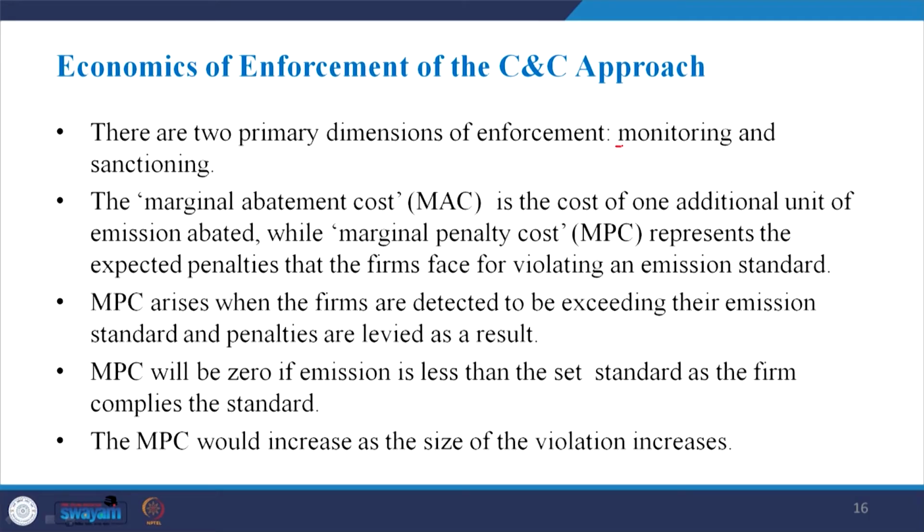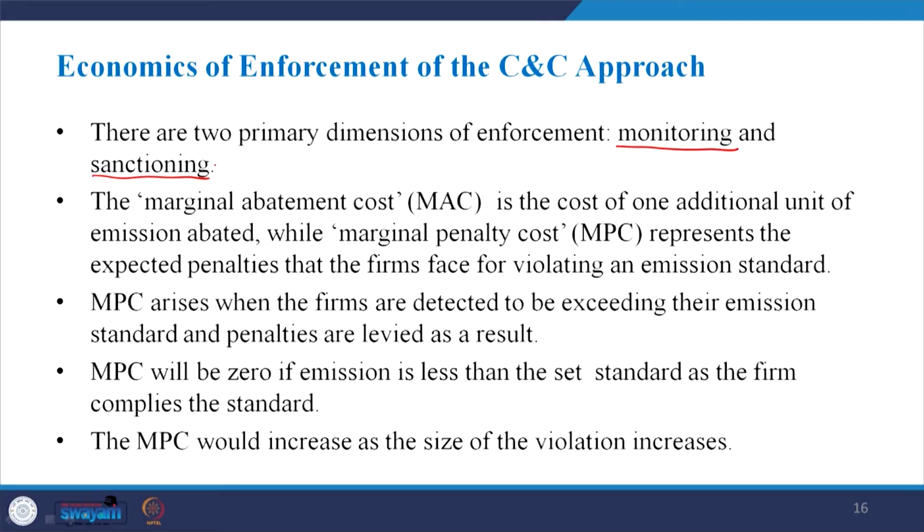One is monitoring, how to monitor the system, and the other is sanctioning, means how to impose penalties, etc. So, here we can take marginal abatement cost, that is the cost of one additional unit of emission abated, while marginal penalty cost represents the expected penalties that the firm faces for violating an emission standard.